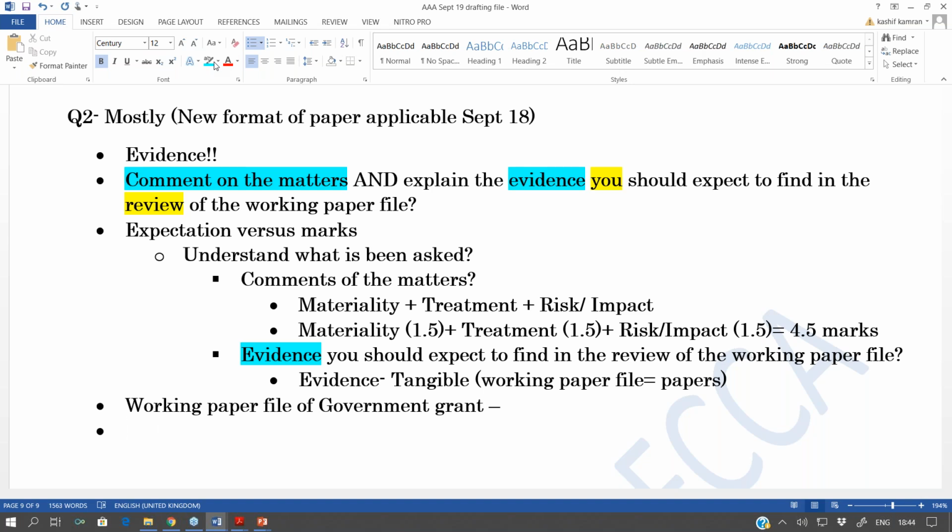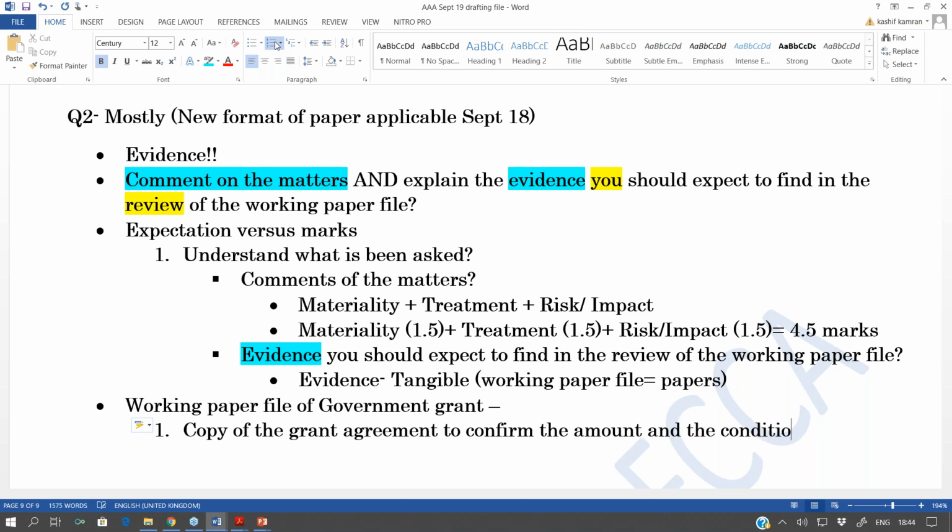Number one, the copy of the grant agreement to confirm the amount and the conditions of the grant received from the government.